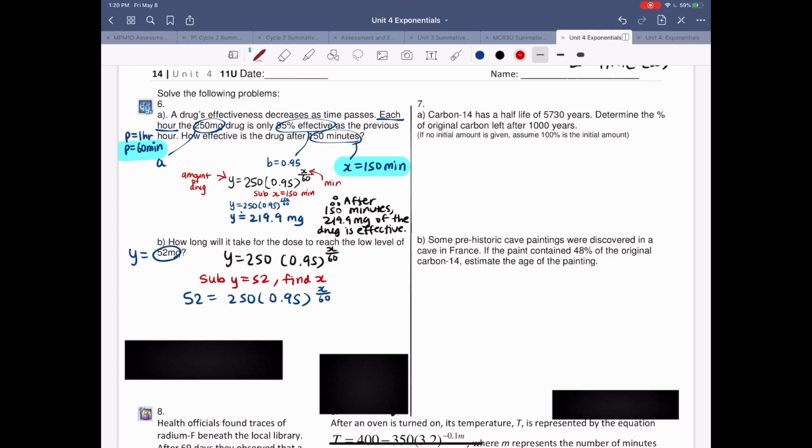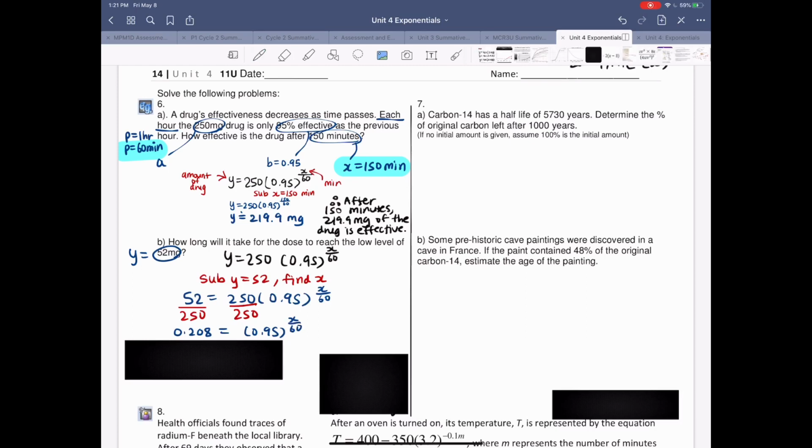I'm going to do BEDMAS backwards as an initial step, so I divide both sides by 250 and I will get 0.208, and that is the exact value, equals 0.95 bracket x over 60.